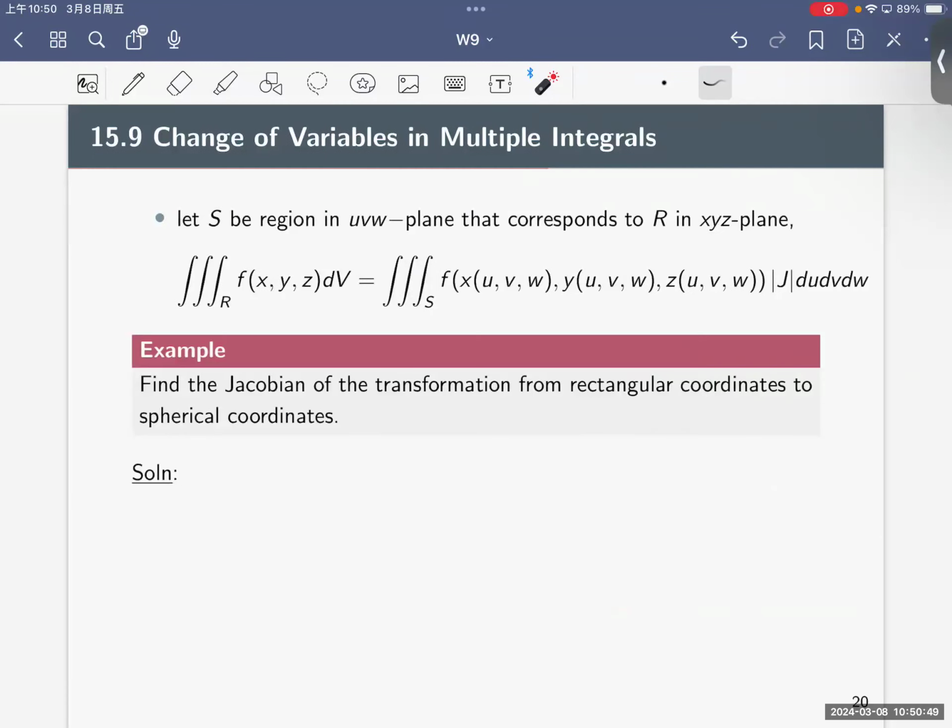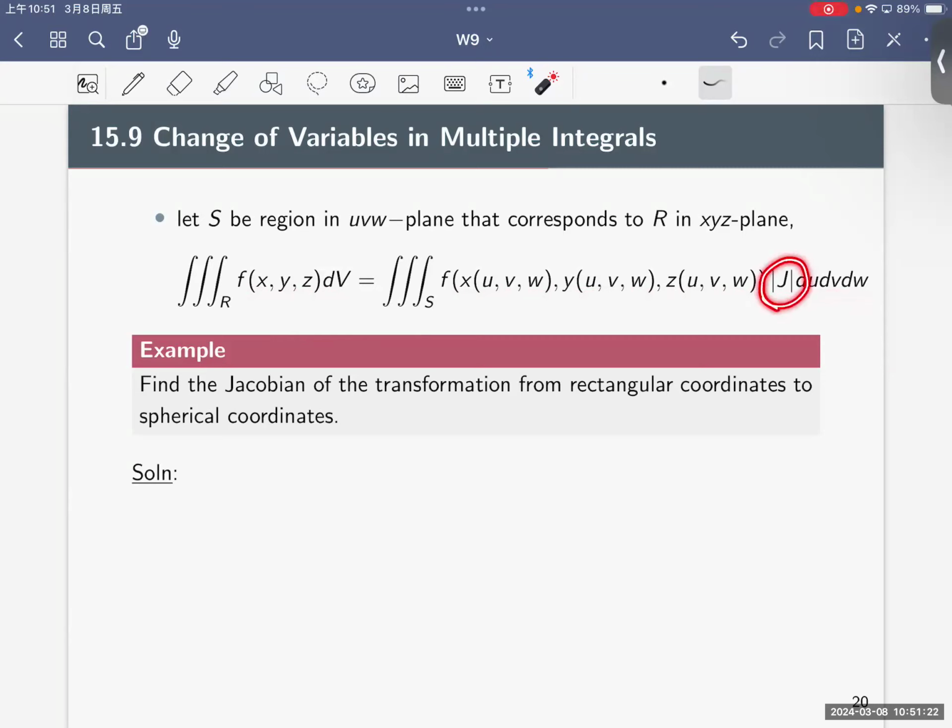Once I have that Jacobian, the original triple integral in x, y, z becomes the integrand f, now a function of u, v, w. So I rewrite x, y, and z using u, v, w. And dV, previously dx, dy, dz, now becomes the absolute value of the Jacobian du, dv, dw.